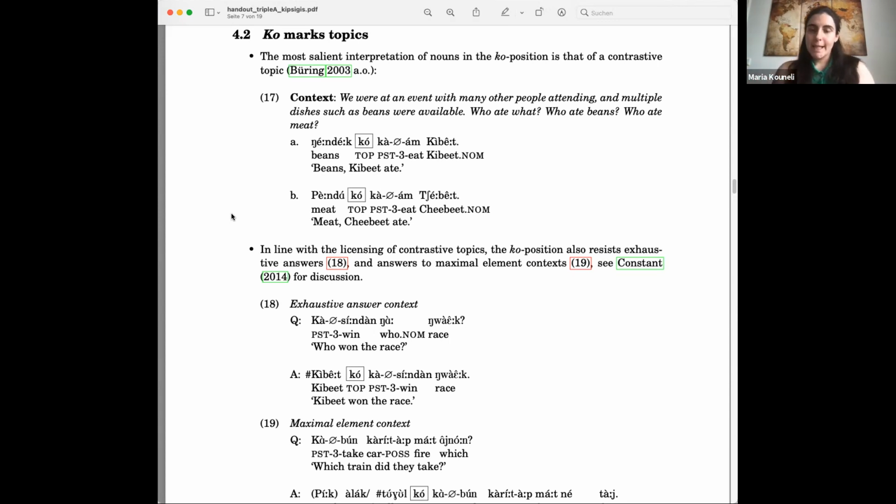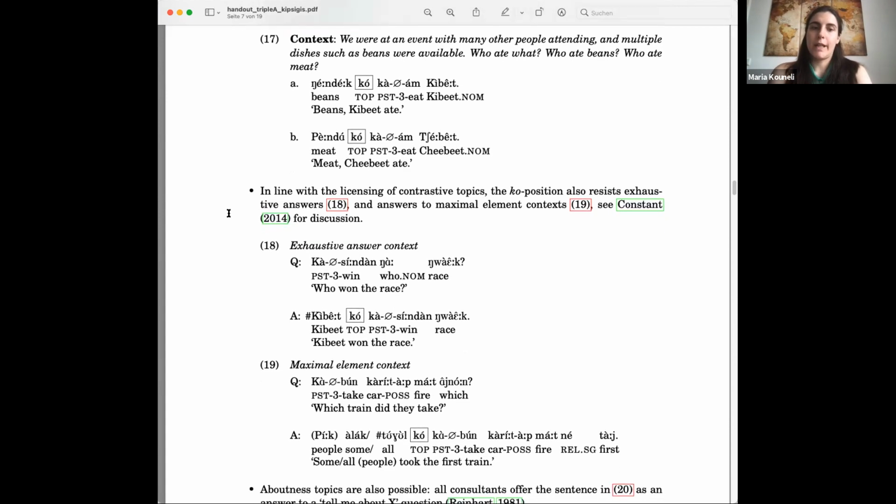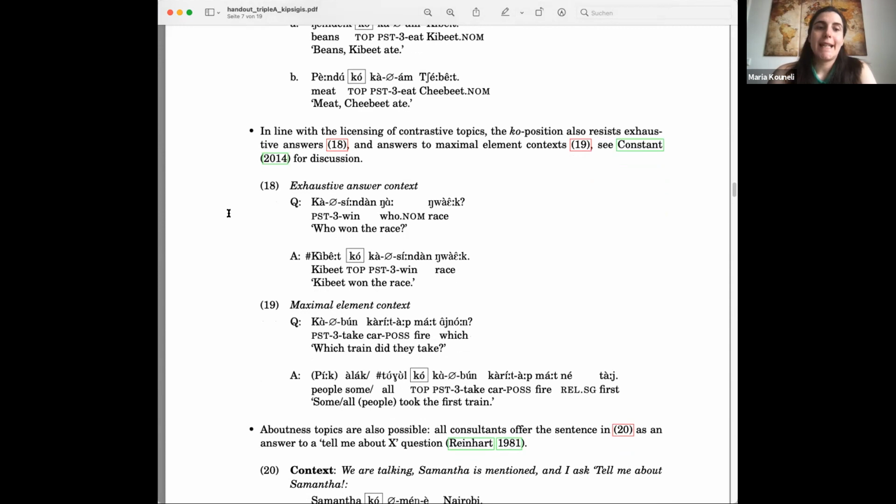There is further evidence that the interpretation there is that of a contrastive topic. So for example, the position is not licensed in the context of an exhaustive answer. So you see that in 18, so we have who won the race. And if you want to answer Kibet won the race, you cannot do it by putting Kibet in the co-position.